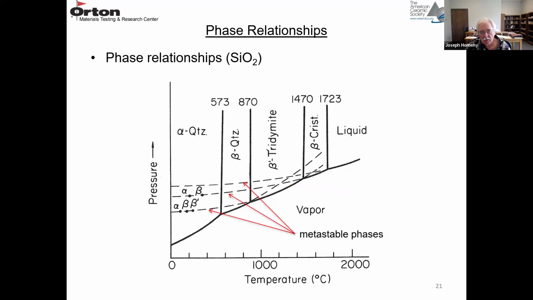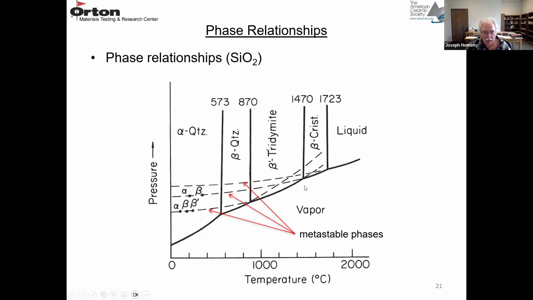And then one interesting thing here I briefly mentioned is metastable phases. So if you're in this phase field just liquid, and then you cool it down, you most likely will follow that dotted line. The liquid is going to remain as a glass. It's going to be amorphous. It's not going to crystallize. It's not easy to crystallize liquid SiO2.